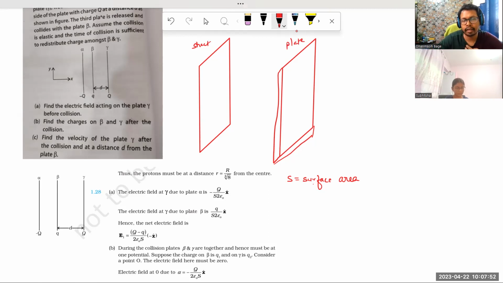So when we talk about a sheet, then at any point P, what is the electric field? Do you remember the formula? I have given you the formula for sheet and plate. I said that you have to draw a cylindrical Gaussian surface on both sides.